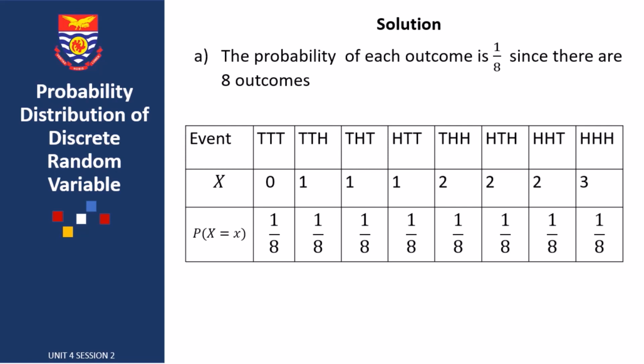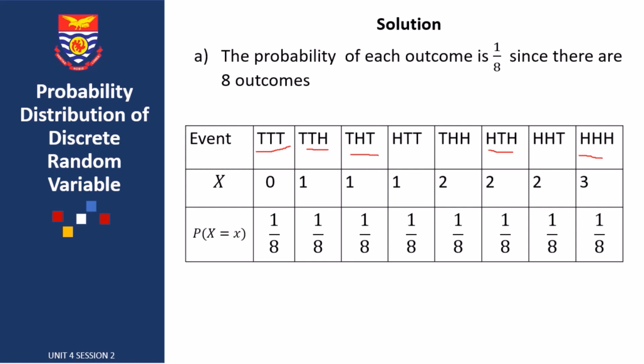Looking at the events, if the interest is the number of heads, the first event has T, T, T, meaning no head. The second has 1 head, the third has 1 head, and moving forward you have 2 heads, and also 3 heads. So x is the random variable, the value assigned to the outcome.